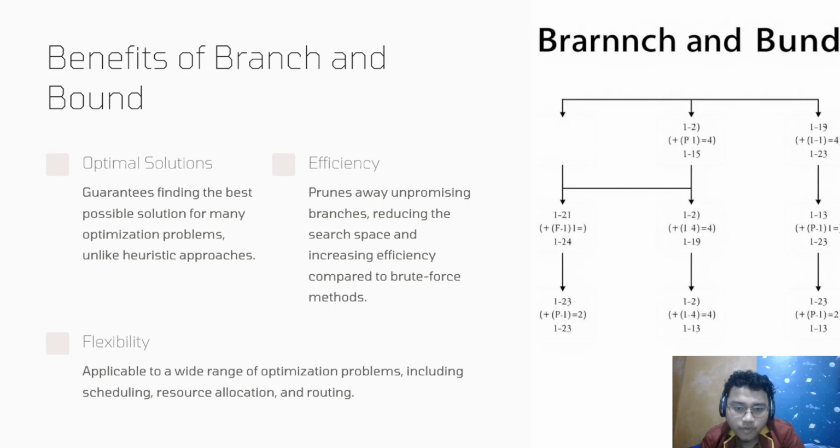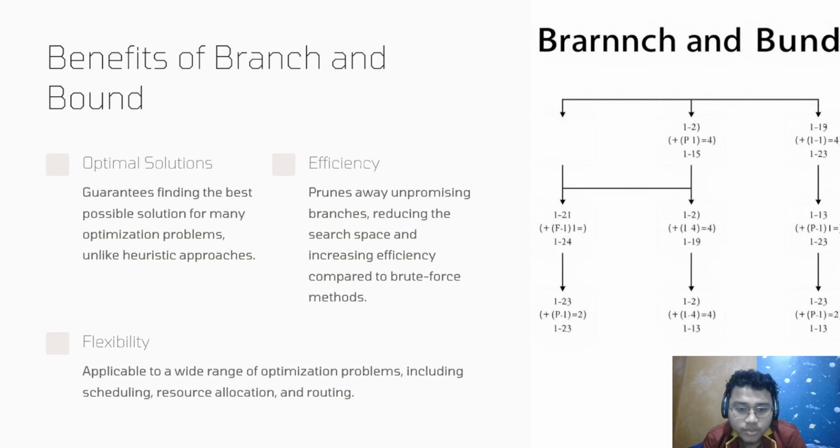If we use brute force methods, we would have to check every single possible solution, which is impractical for large problems. Branch and bound intelligently prunes the search space, drastically reducing computation time.